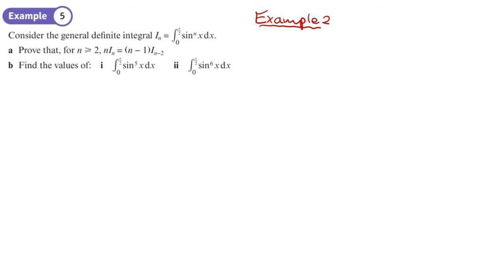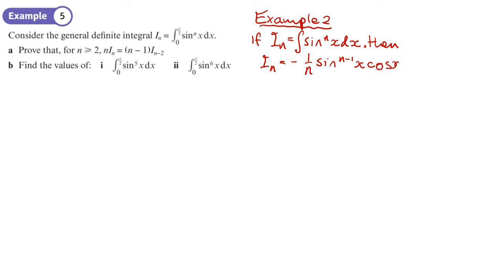So without limits, this is the statement that we proved, that if I sub n is equal to the integral of sine to the power n x dx, then I sub n is equal to negative 1 over n sine to the power n minus 1 x cos x plus n minus 1 over n I sub n minus 2.